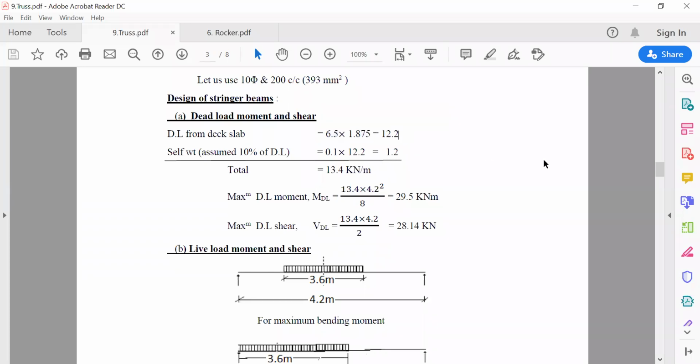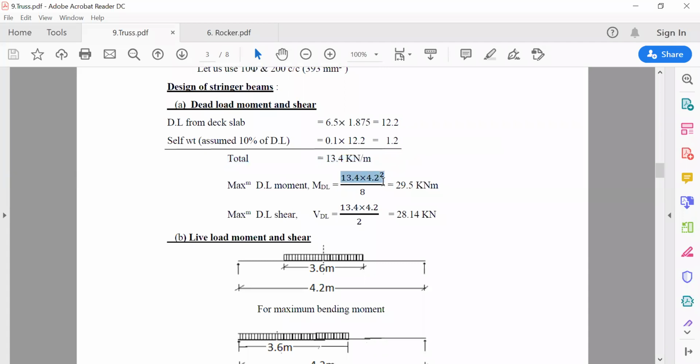Then self weight of the stringer beam is taken as 10% of the dead load, so it is becoming 1.2. Total UDL you have got 13.4.